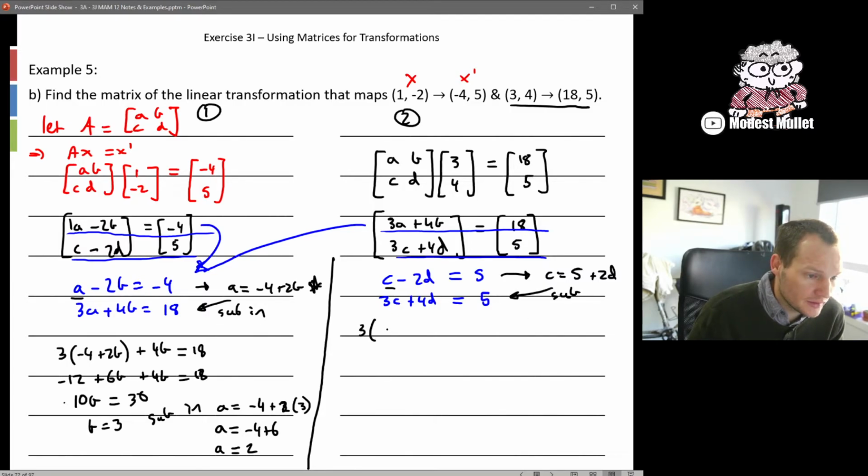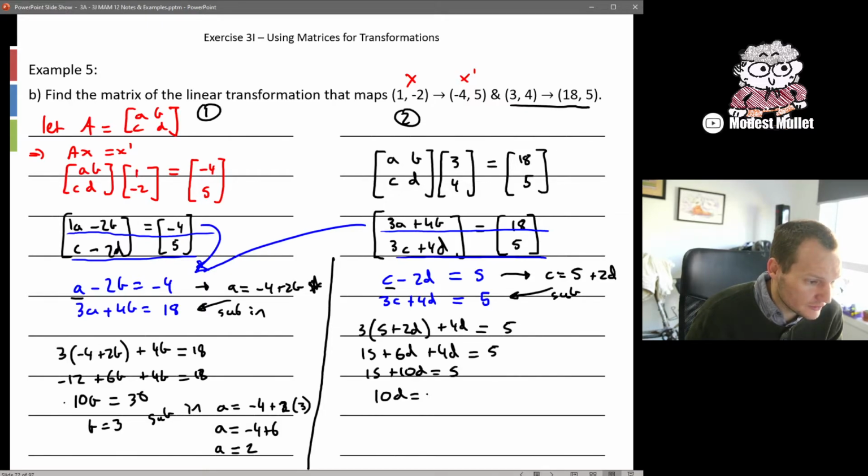I get 3 bracket 5 plus 2d plus the 4d is equal to 5. I get 15 plus 6d plus 4d, 5. Get 15 plus 10d equals 5. So I get 10d is -10. So d is equal to -1.